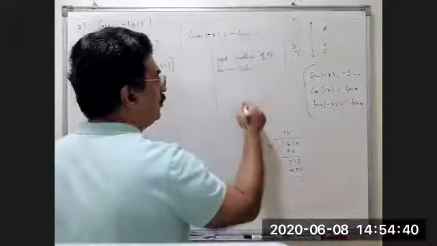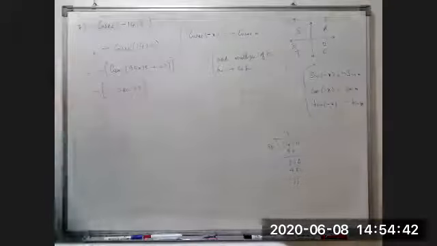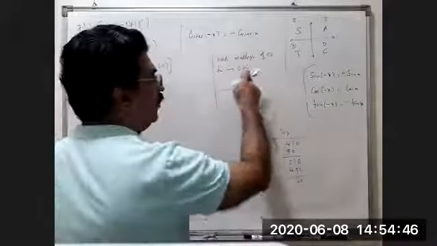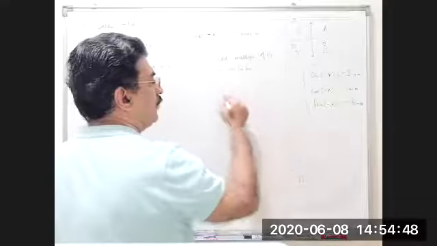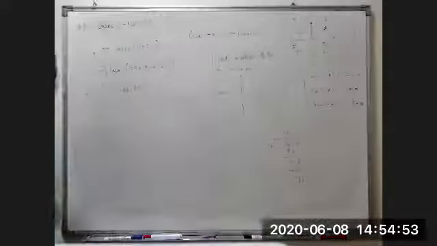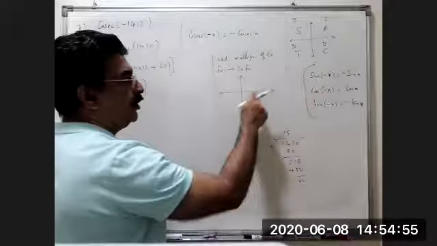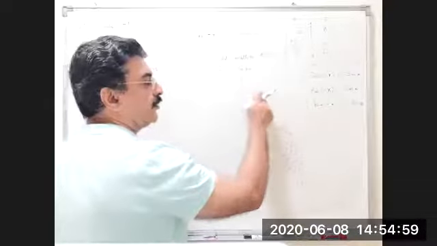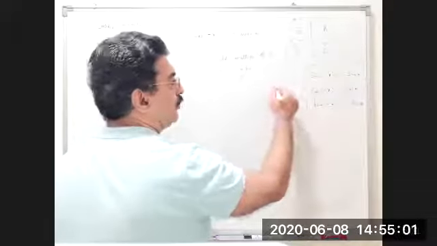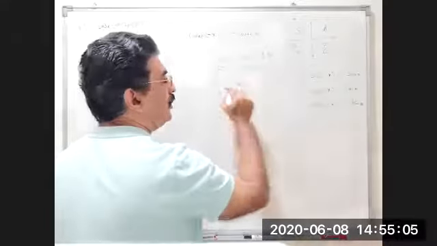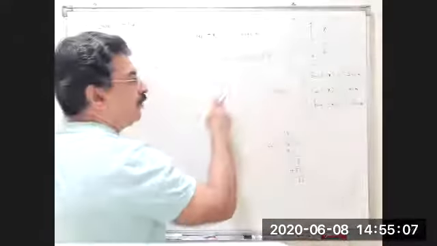Now see the quadrant. Where will 90 into 15 come? Think. 90 into 4 comes here. 4 plus 4 is 8. 8 plus 4 is 12. 90 into 12 comes here. Then 13, 14.